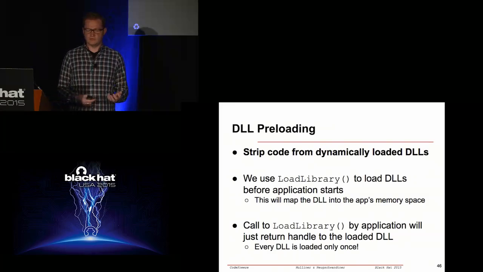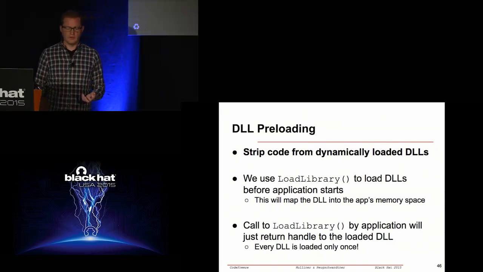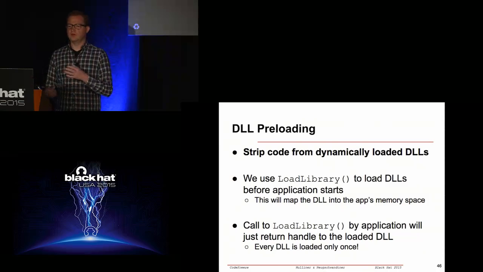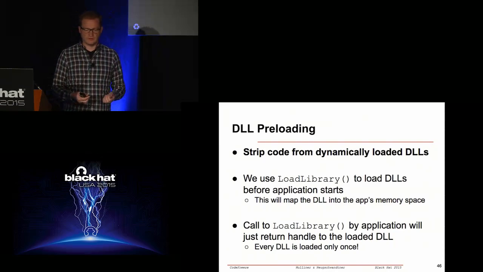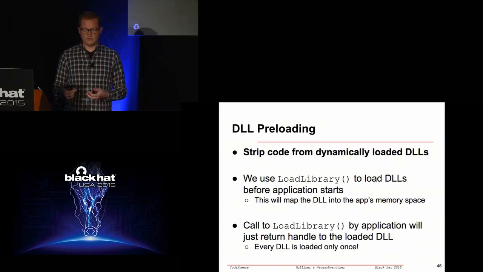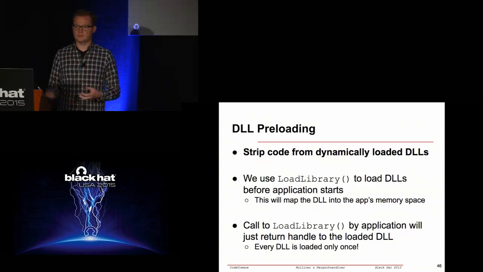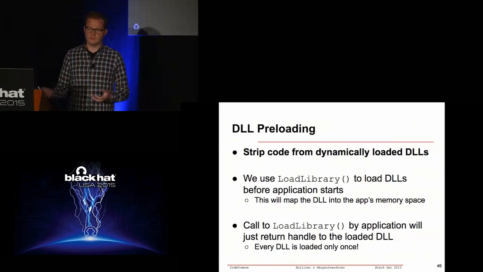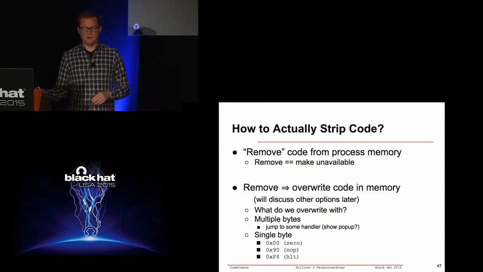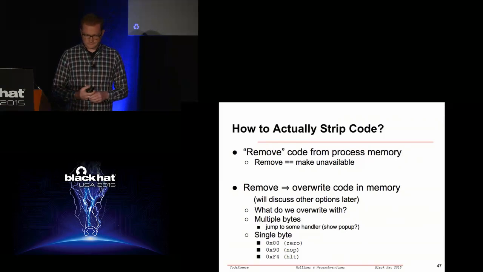And preloading is really we just load every DLL using LoadLibrary, and then we can do all our operations on that DLL. And as soon as the actual application calls LoadLibrary, the LoadLibrary call will just return the handle to the previously loaded library since it's already loaded. Very, very basic OS functionality.